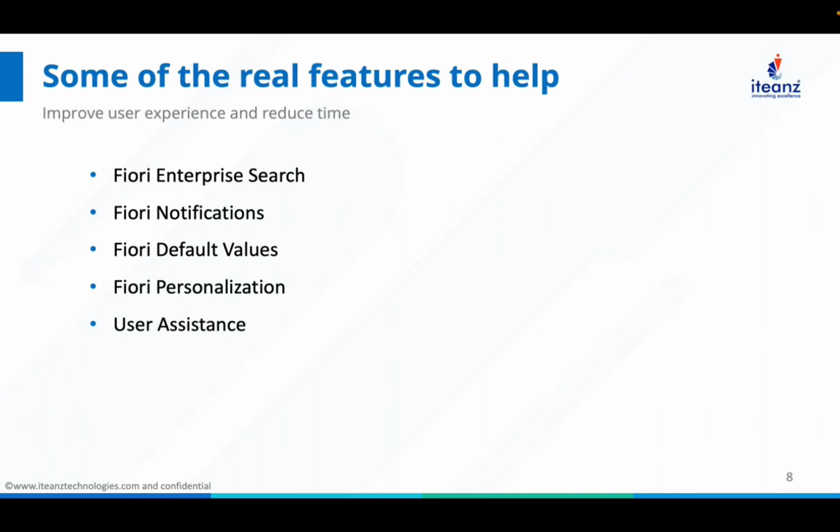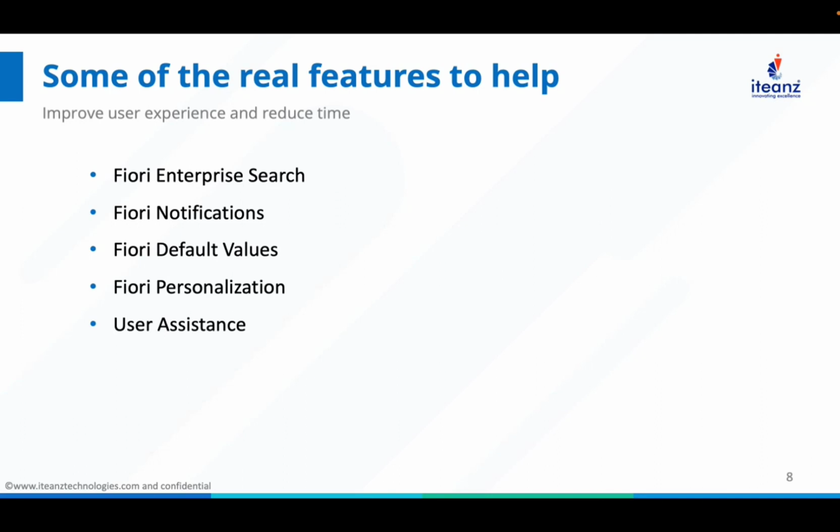It is similar to a Google search. If you search on Google, you get information available on the www. If you do an enterprise search using Fiori, it gives information on everything available inside your entire business network.